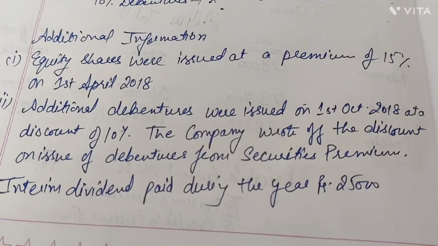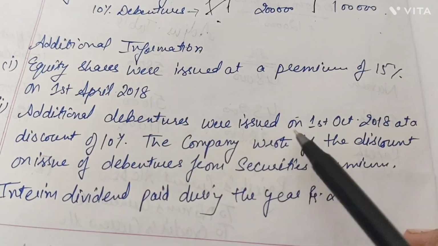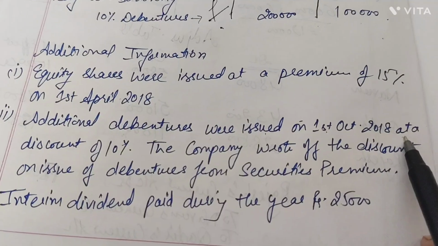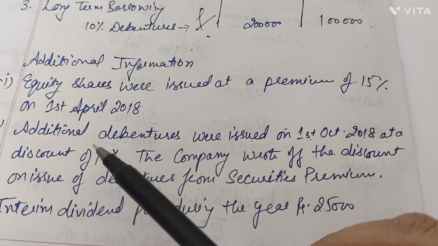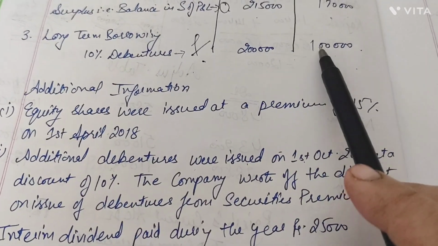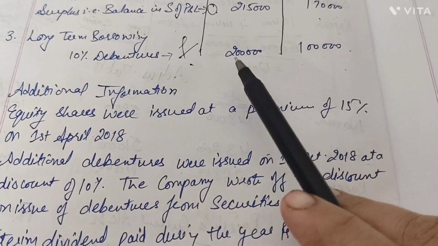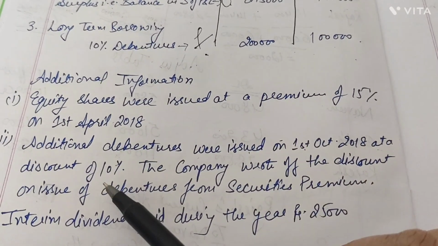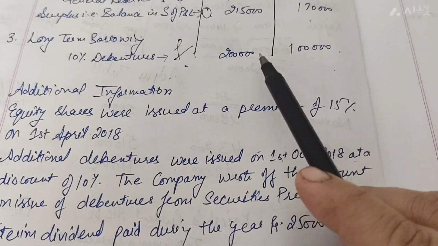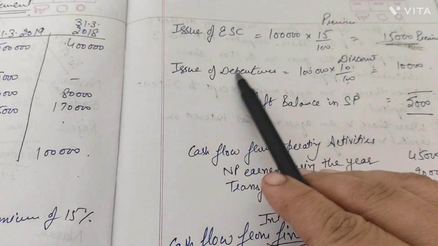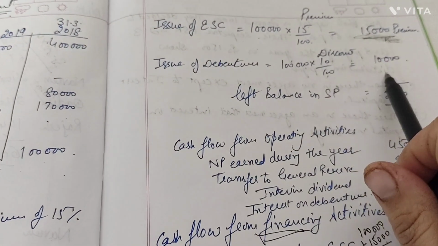Then next point. Additional debentures were issued on 1st of October 2018 at a discount of 10%. How many additional debentures were issued? Here the difference is 1 lakh rupees. That means debentures of 1 lakh were issued at a discount of 10%, so the discount here is 10,000 rupees.